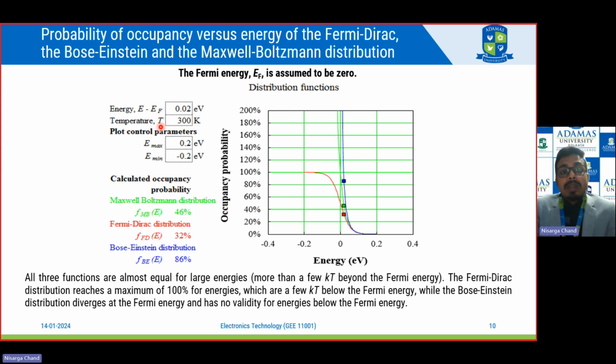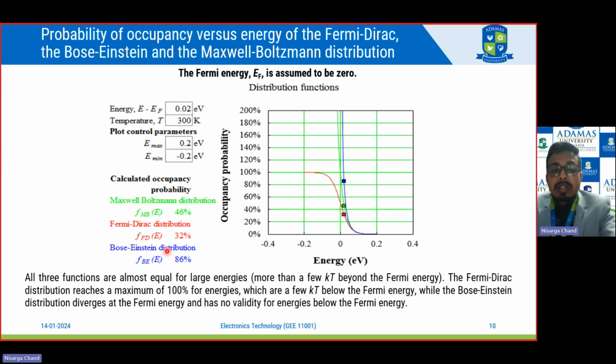If I put E minus EF as 0.02 eV and temperature T at room temperature, 300 Kelvin, then Emax I just set from 0.2 to minus 0.2, the calculated occupancy probability for Maxwell-Boltzmann is almost 46%, whereas Fermi-Dirac is 32% and Bose-Einstein is 86%.